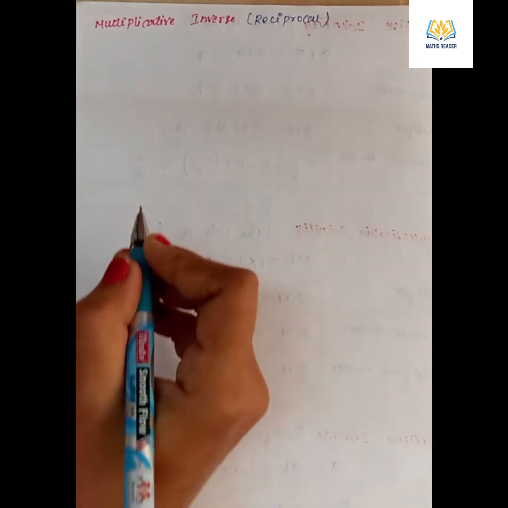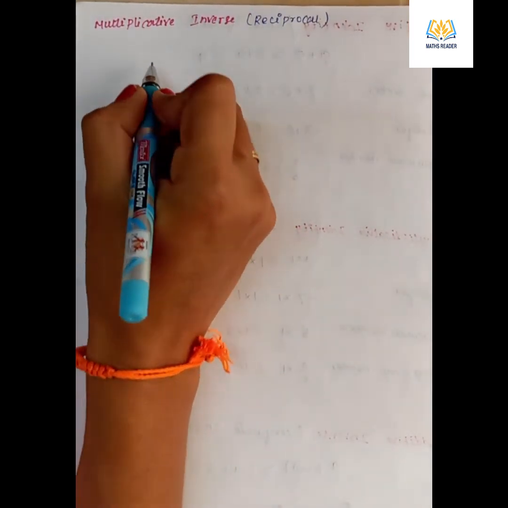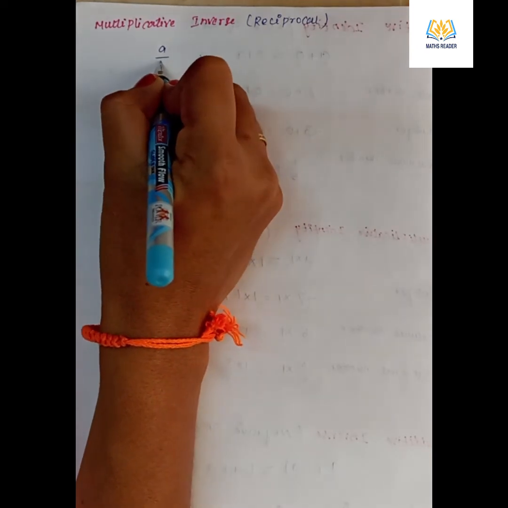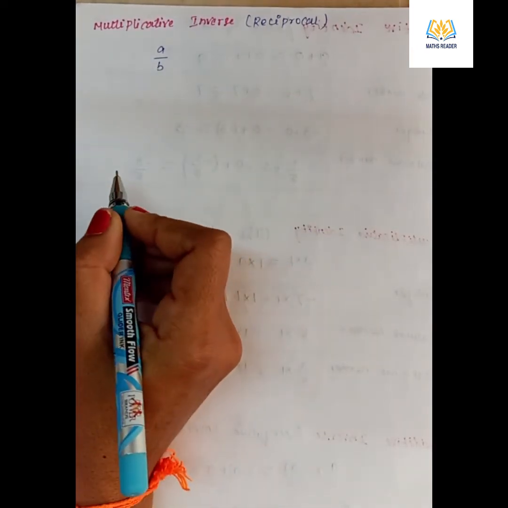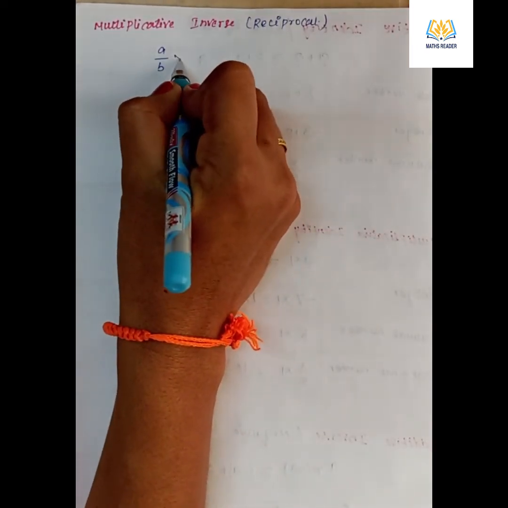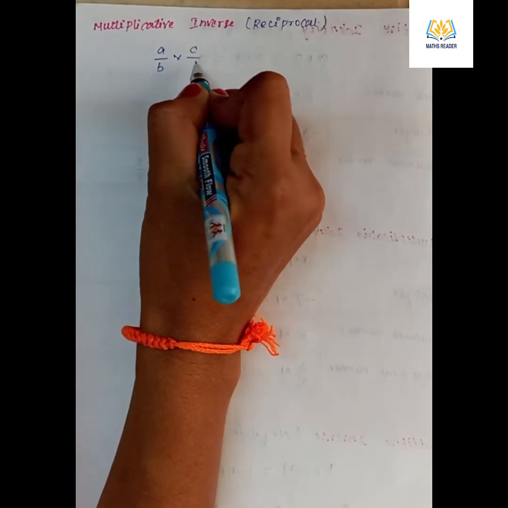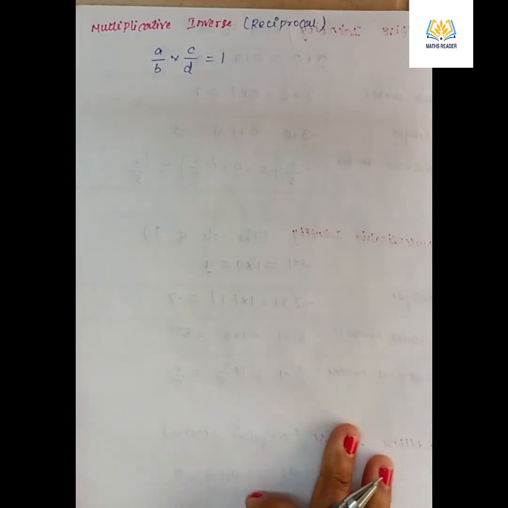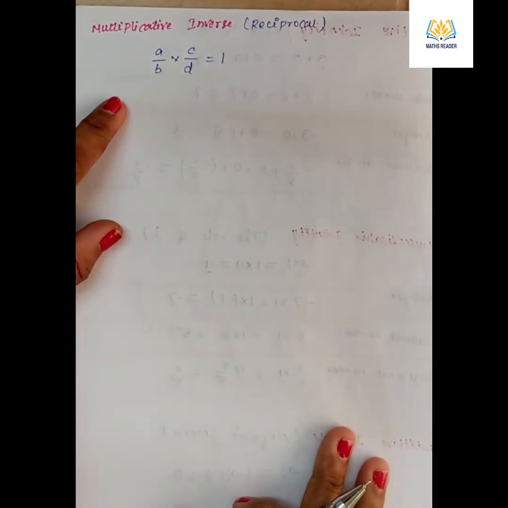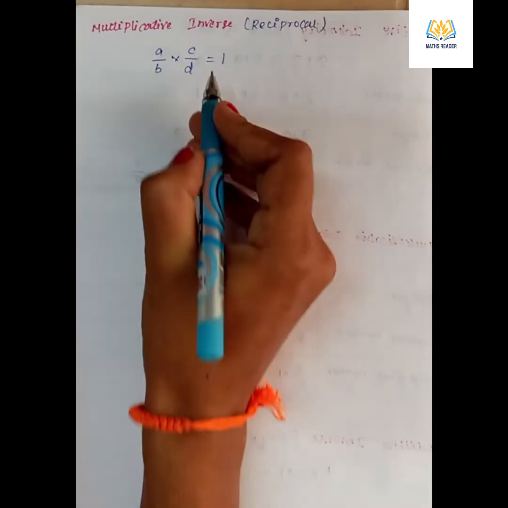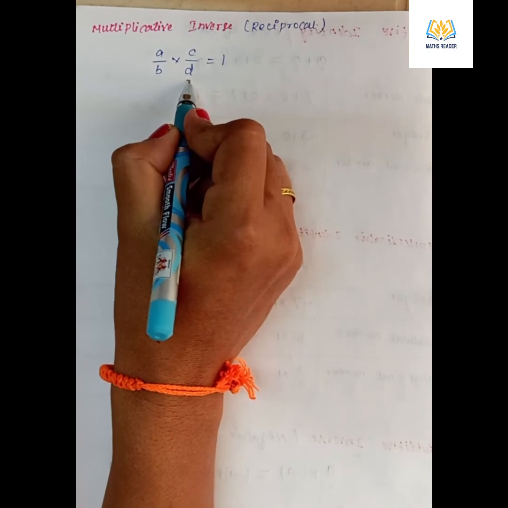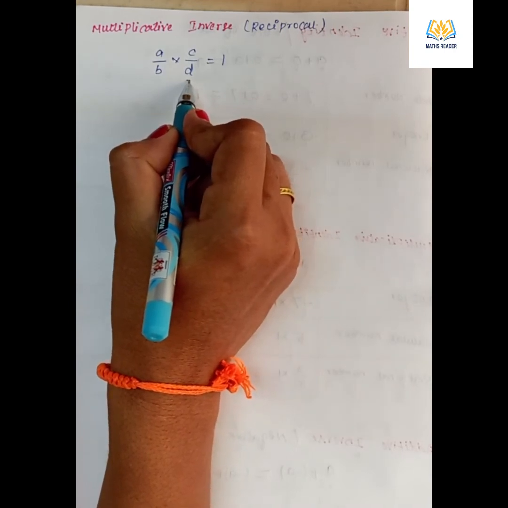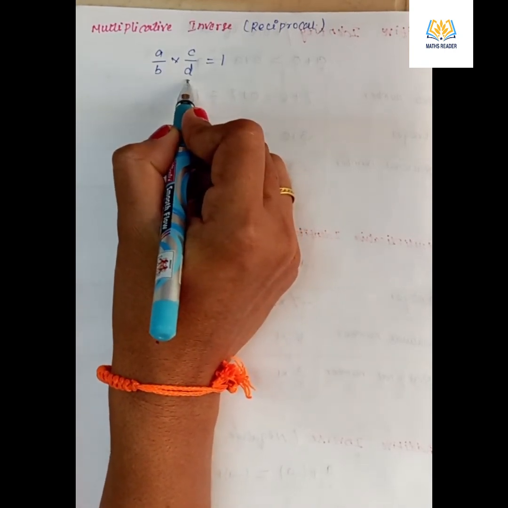Next is multiplicative inverse, which is reciprocal. So multiplicative inverse means, let us take number a by b. The inverse of a by b: a by b into c by d equals 1, where this c by d is the reciprocal or multiplicative inverse.